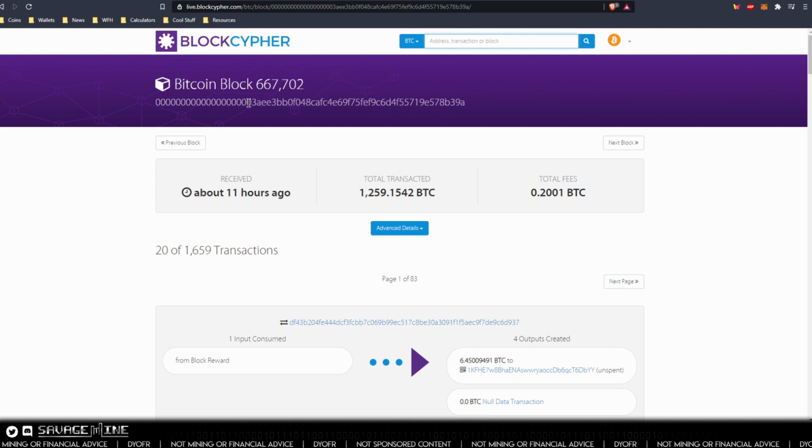I think it has 19. Yeah, it has 19 leading zeros. We'll get into why that's significant in a few minutes whenever we do a little exercise. Just know that that's the hash that was found below a certain target to confirm the transactions within block 667702.